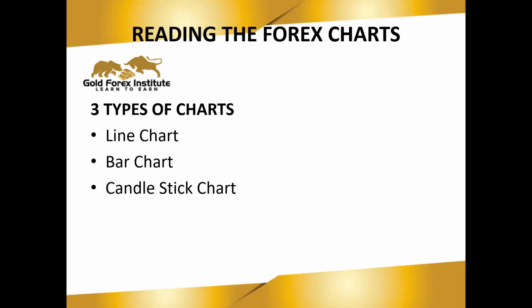Types of charts that we have in the Forex market. We have the line chart, bar chart, candlestick chart. These charts are those that help us to make technical analysis. Without a chart, you can't make technical analysis effectively.